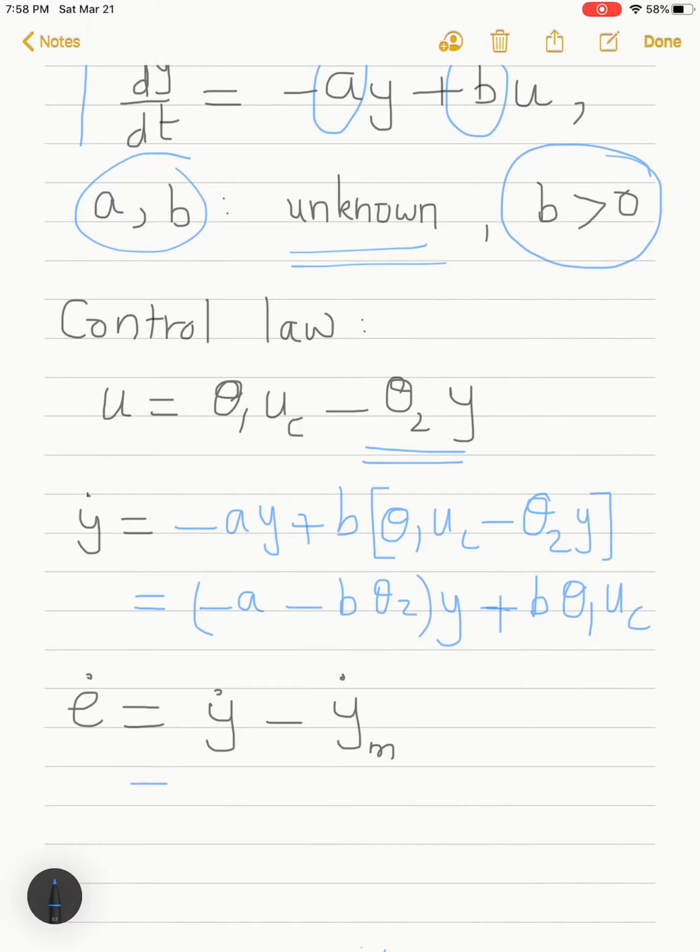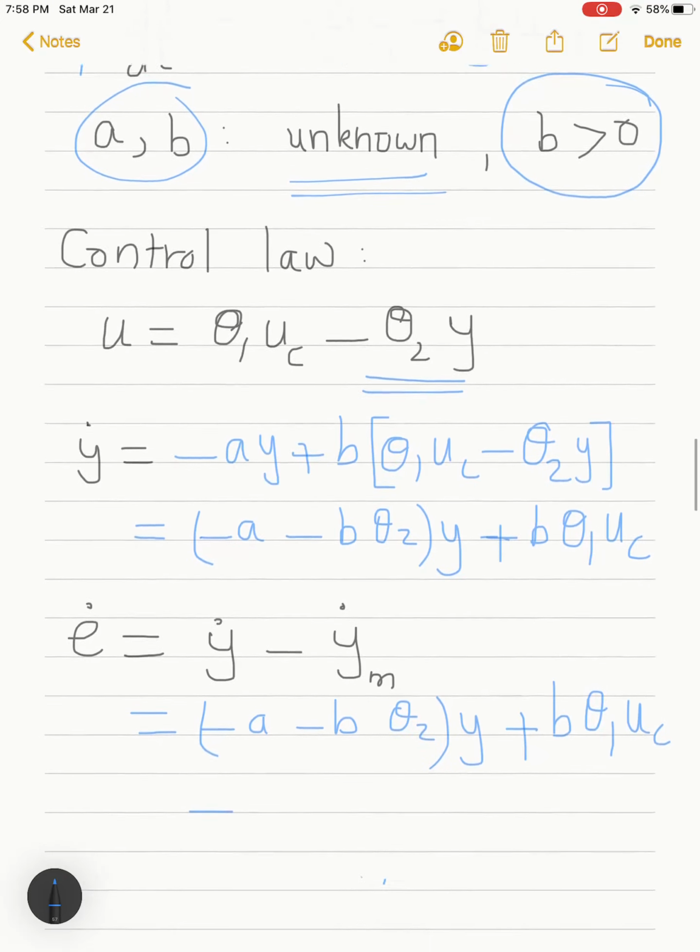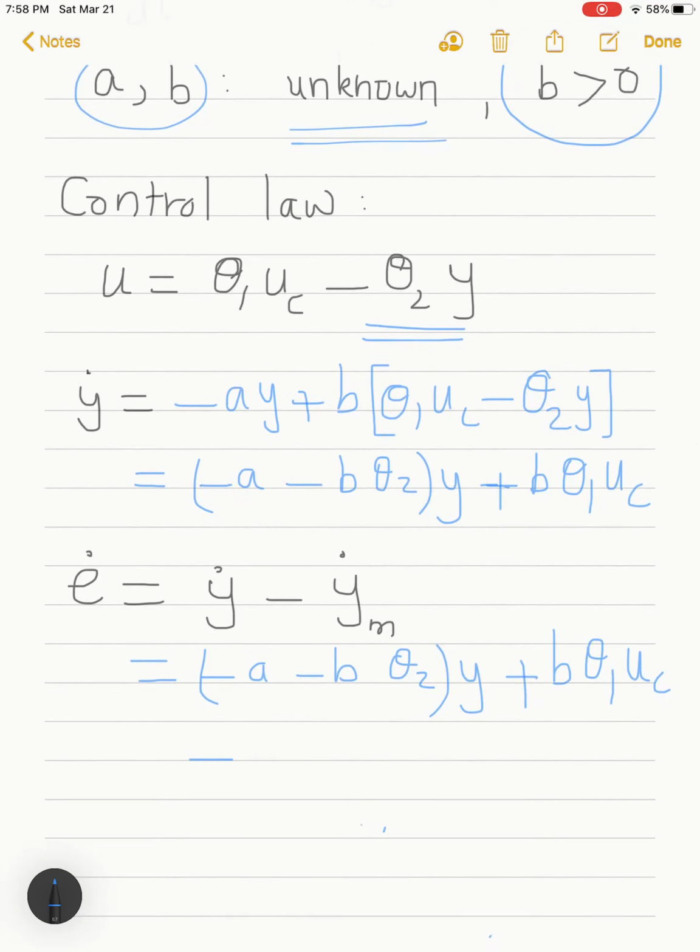Now I form the error equation again, so it would be minus a minus b theta 2 y plus b theta 1 uc, minus the equation of the reference model, which is minus am ym plus bm uc.